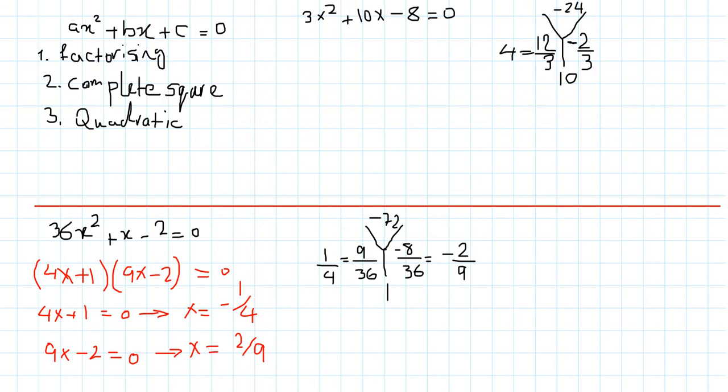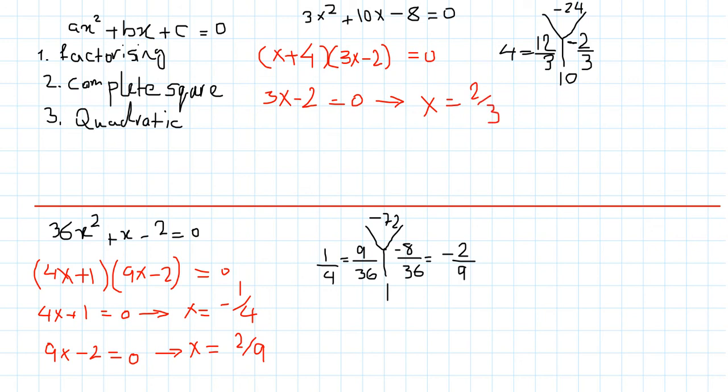Now go to this. Because it is positive, the bigger should be positive, the smaller should be negative. Now because I have a, I should divide by a, and we know 12 divided by 3 is 4. Now let's draw the two brackets equal 0. One of them is x plus 4, another is 3x minus 2 equals 0. Then x equals 2 over 3, and x plus 4 equals 0.